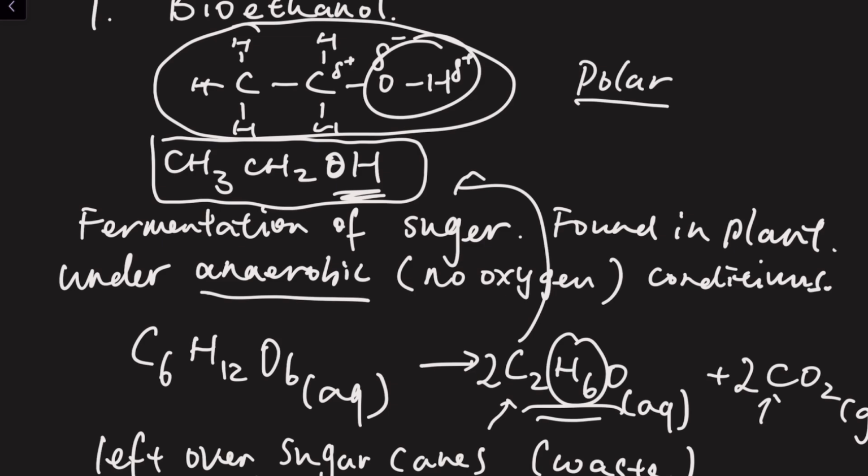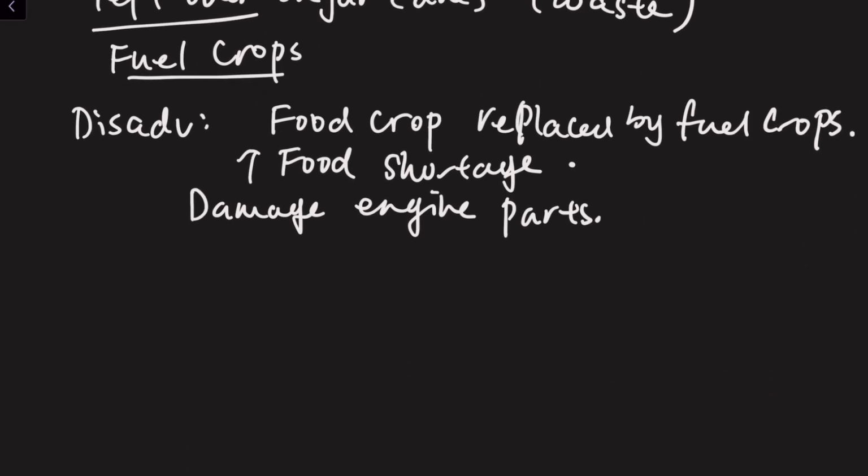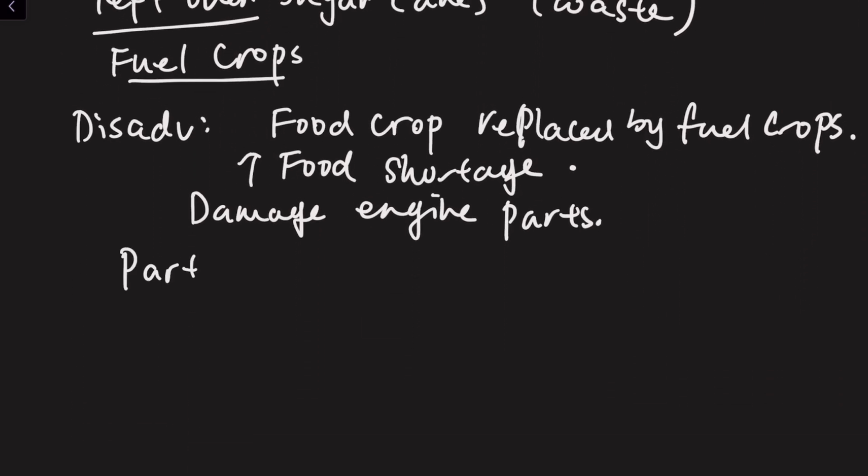And if we look at the formula of bioethanol, it already has one oxygen atom present. So it is partially oxidized already. And we know that during this oxidation, we produce energy. So during this oxidation reaction, we provide energy.